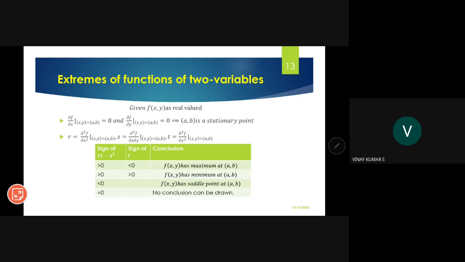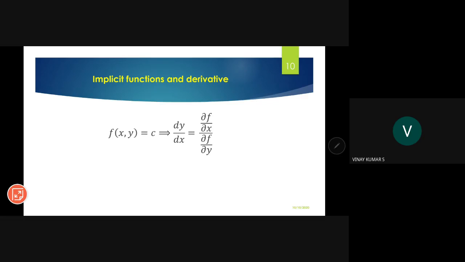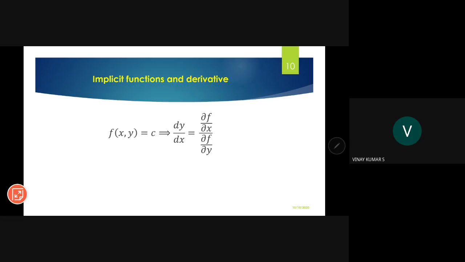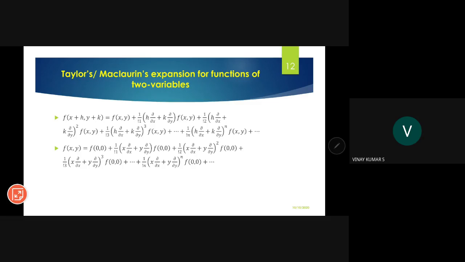You have to use this slide, and slides 11 and 9. Slide number 9, 11 and 13 are the important ones.